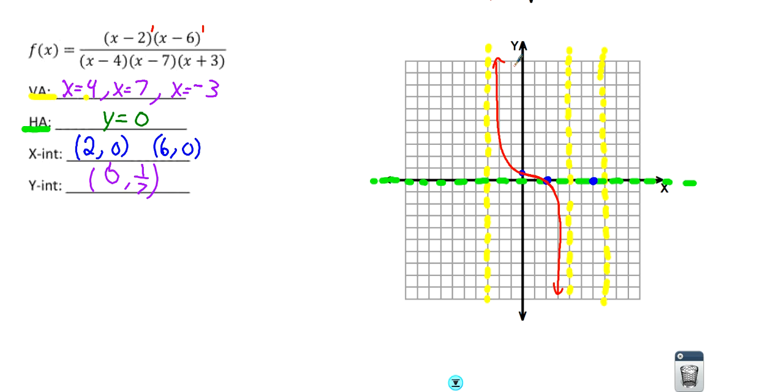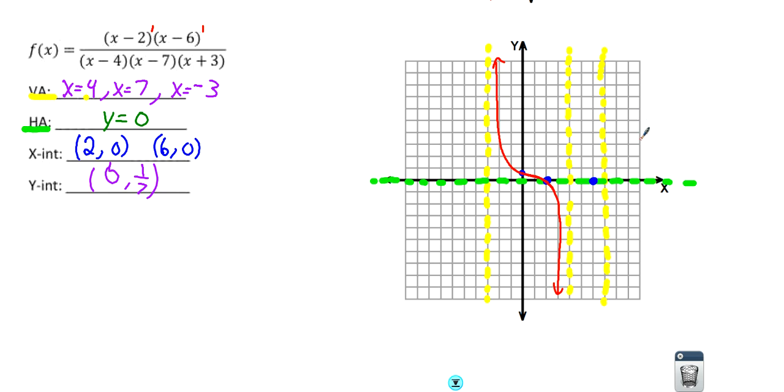Now, unlike the last one, for the left and the right side, I can't automatically tell what's going on. I don't have an x-intercept, but that means that my function could be going up on this side or down on this side. Either it's all up here or it's all down here, and the same thing for the other side.